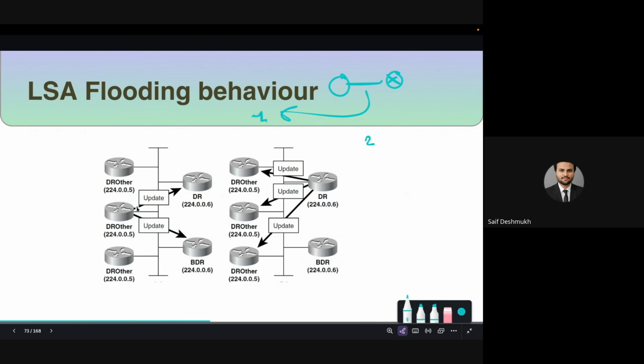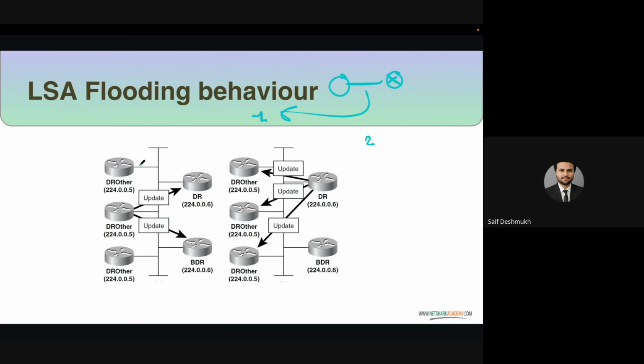Whenever they want to form adjacencies, they will only form them with the DR. And when it's time to send an update, their updates are sent to everyone on this link.